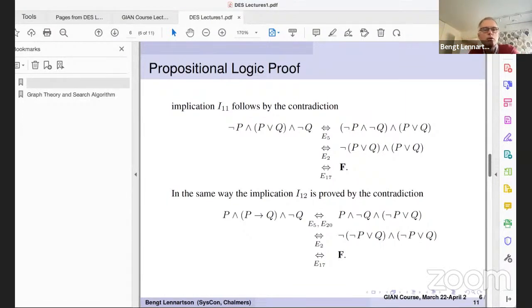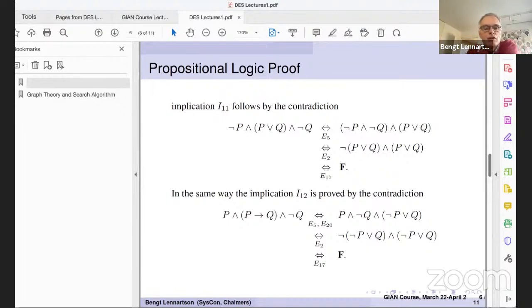But just to give you a flavor of what you see in many textbooks on propositional logic and predicate logic also, natural deduction is one very well known method. And then you could say that if you have something you start with, the idea is that you should show that this implies something.